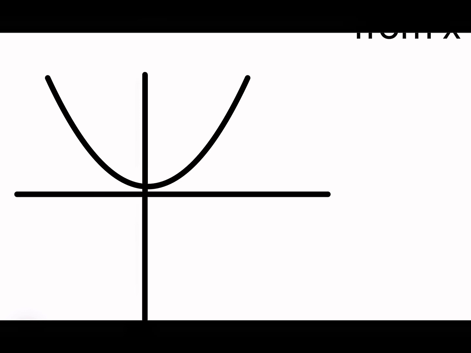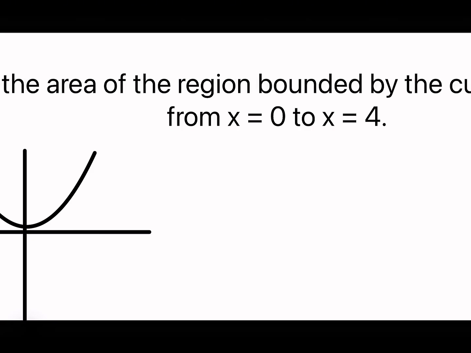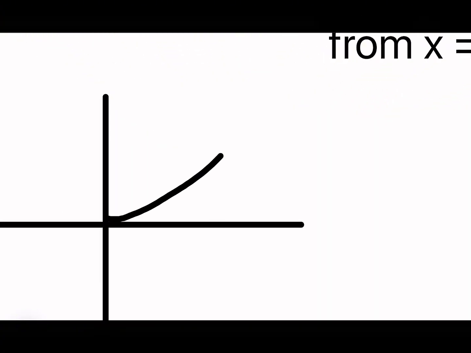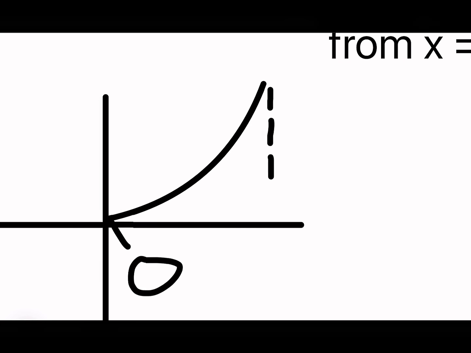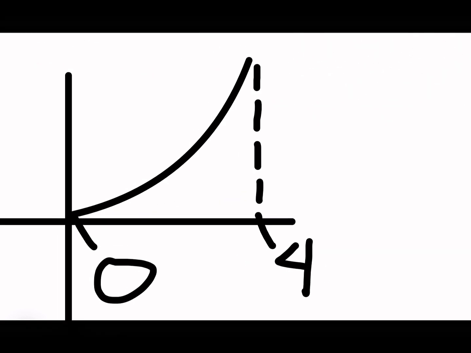But we want to find the area of the region bounded by the curve from x equals 0 to x equals 4. So it's going to look like this. Here is 0 and here is 4. So we need to find the area of this region.